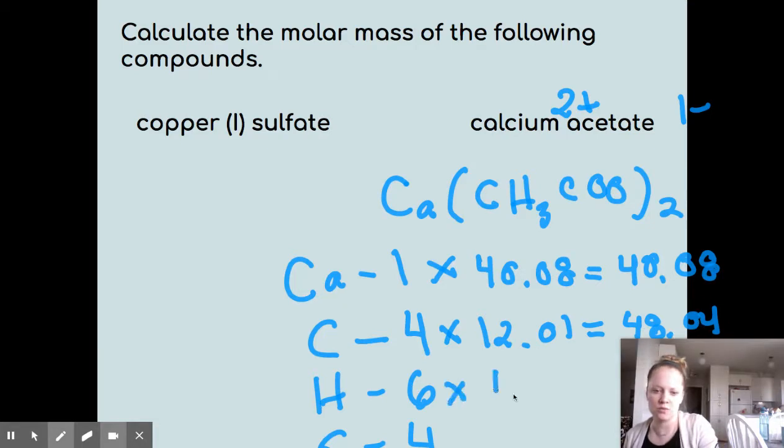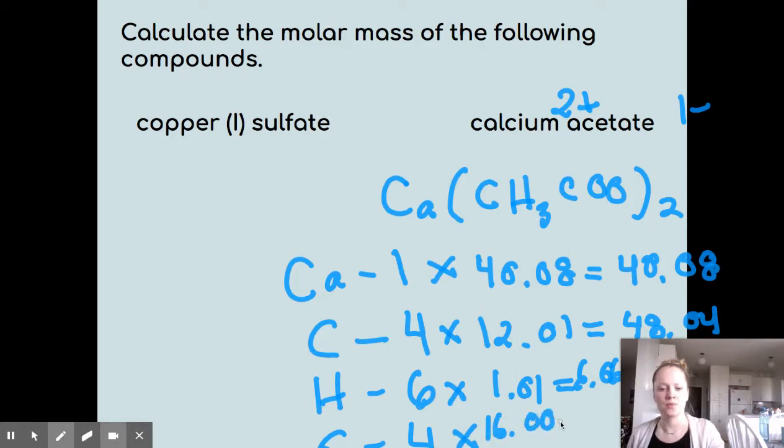Hydrogen is 1.01, so that should be 6.06. And oxygen is 16.00, which should be 64.